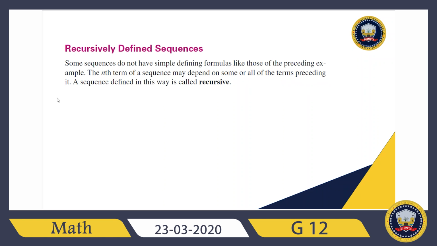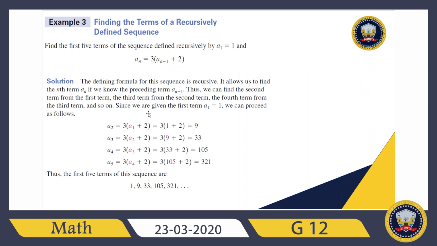Let's have a look. Look at this example, guys. This example is asking me to find the terms of a recursively defined sequence. Find the first 5 terms in the sequence defined by a_n equals 3a_n minus 1 plus 2.